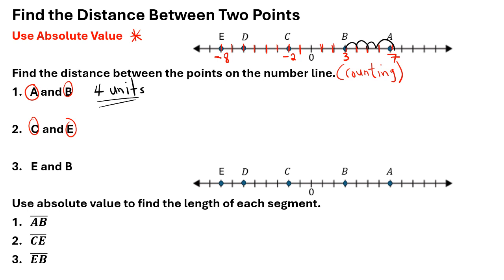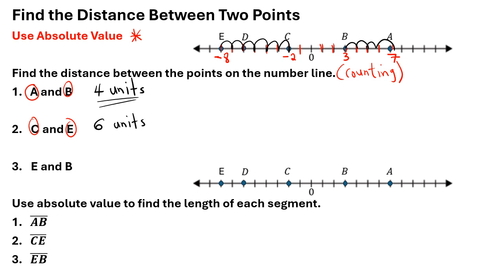Again, because we just need to count the space between the two points, we count like we did before: 1, 2, 3, 4, 5, 6, or we can count backwards. Again, we get 6 units.